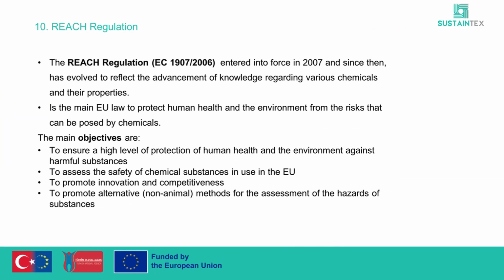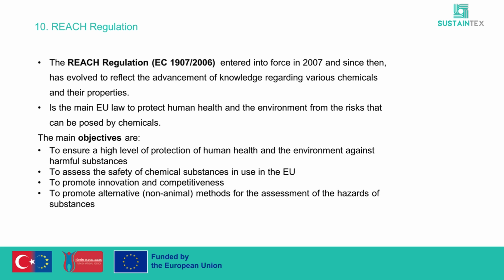The REACH regulation entered into force in 2007, and since then has evolved to reflect the advancement of knowledge regarding various chemicals and their properties. This is the main EU law to protect human health and the environment from the risks that can be posed by chemicals. The main objectives of the REACH regulation are to ensure a high level of protection of human health and the environment against harmful substances.